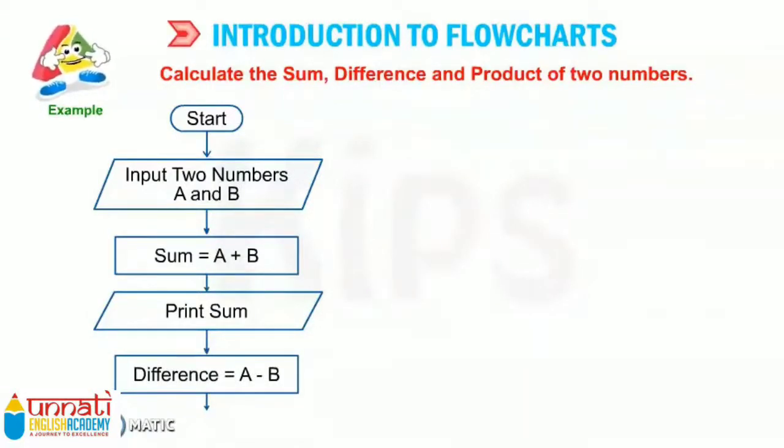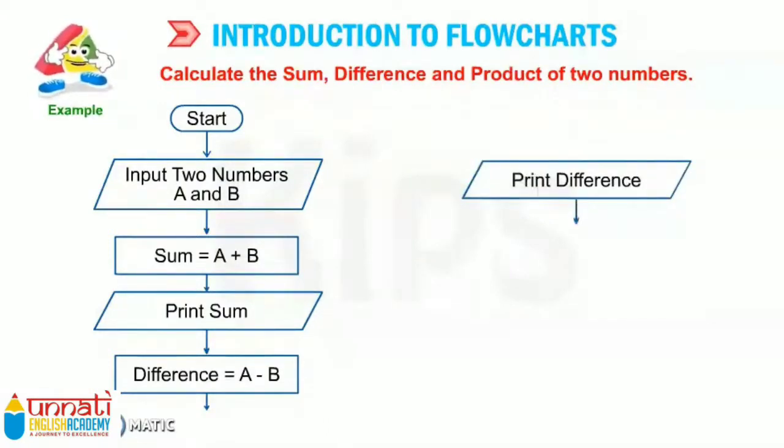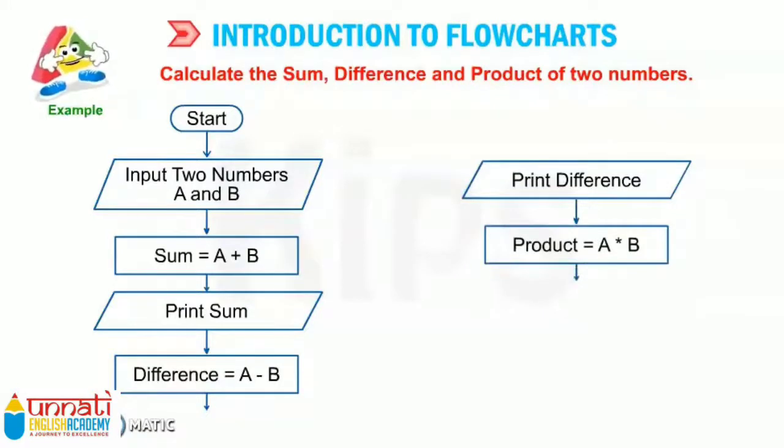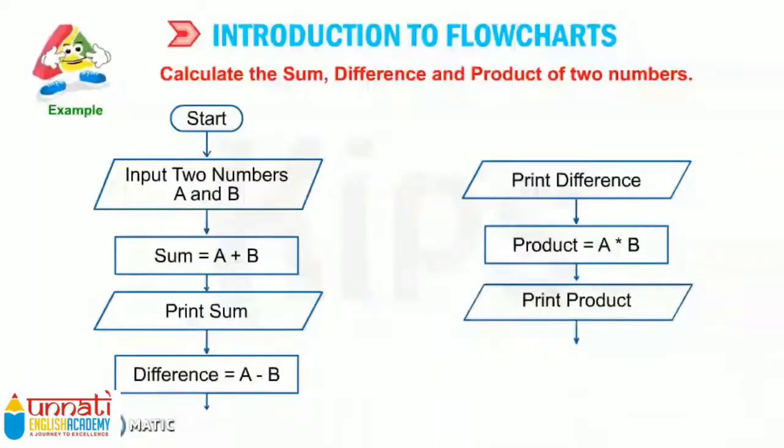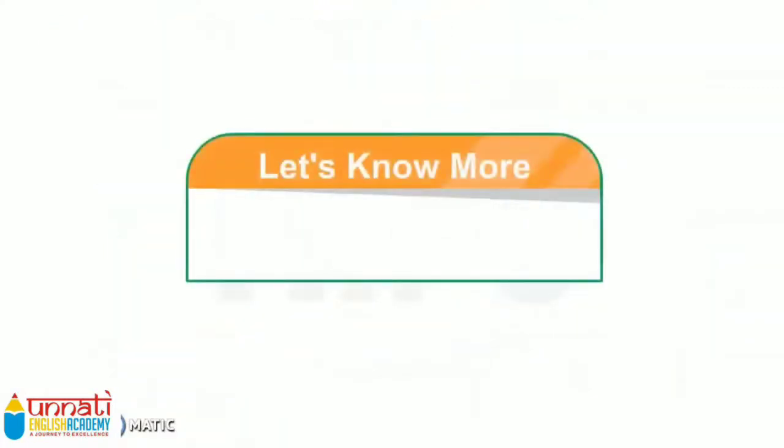Then again we will do the processing, that is, difference is equal to A minus B. Then we will again print the difference. Then we will calculate the product. So product is equal to A into B will come in the processing box. Then we will print the product, that will come in the input output box. And the last step is stop.